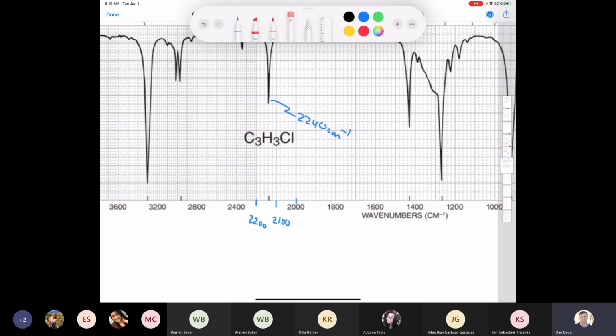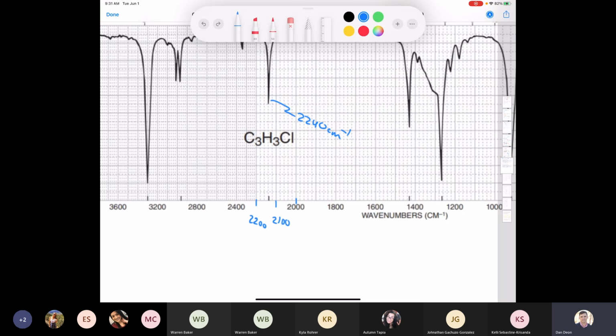Nitrile. It's not going to be a nitrile. It's a good guess because a nitrile is a triple bond, and the nitrile absorbance is between 2260 and 2240, but we don't have any nitrogen in here, so it can't be that. But it's in the range of a triple bond. An alkyne is in the neighborhood of 2150 to 2100.